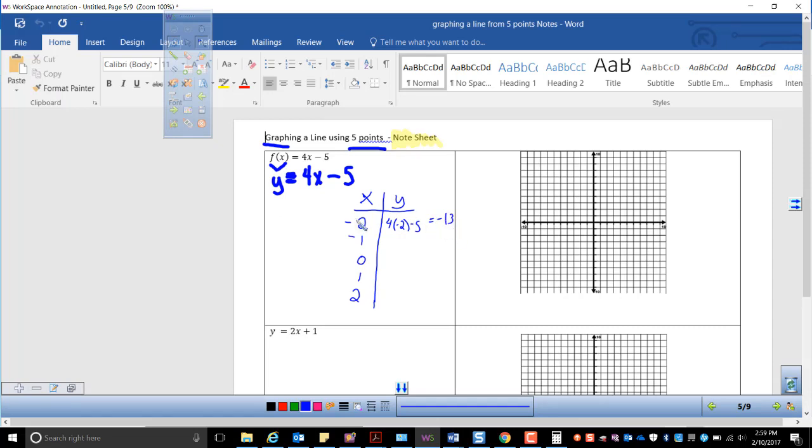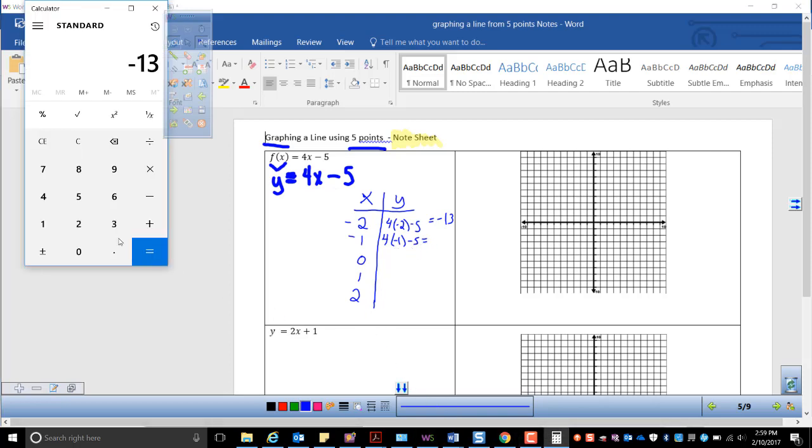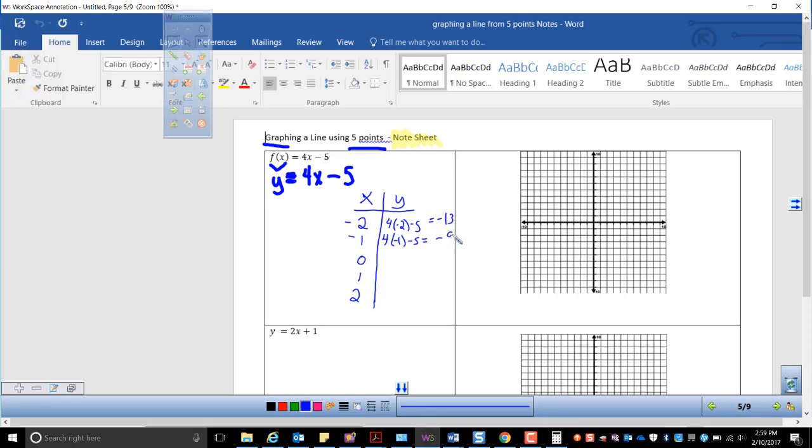That's your y value. And then you're going to do -1. So y equals 4 times -1 minus 5. Well, 4 times -1 is -4, minus 5 is -9.